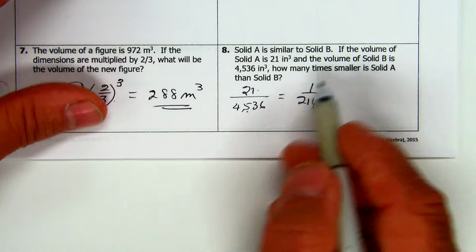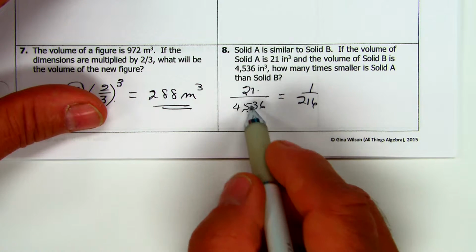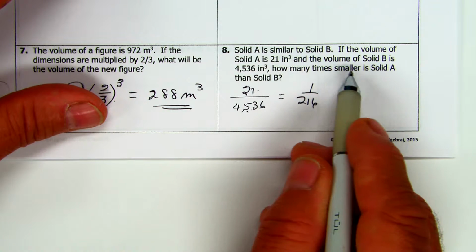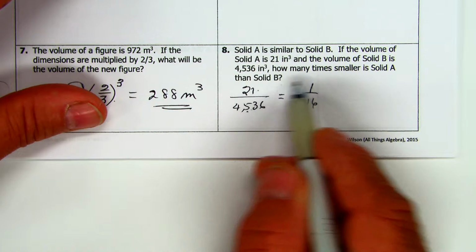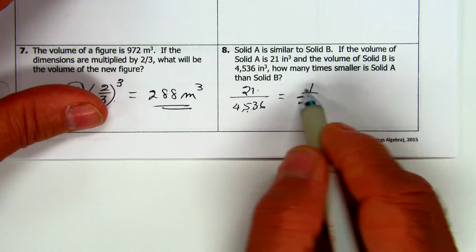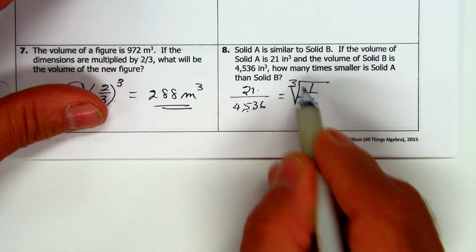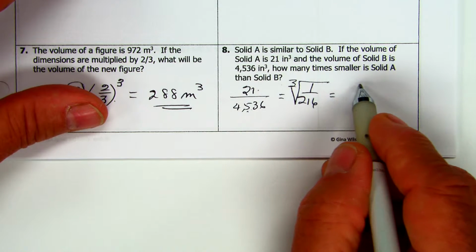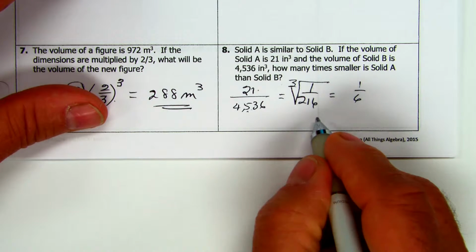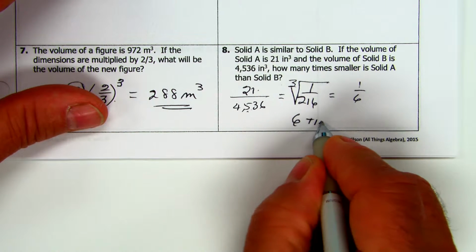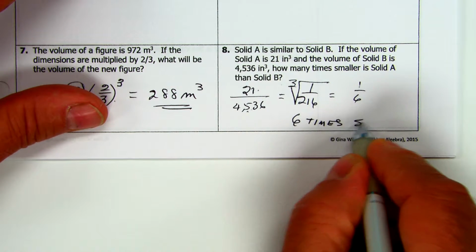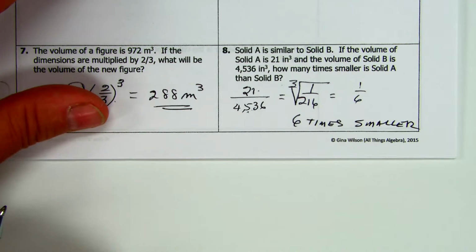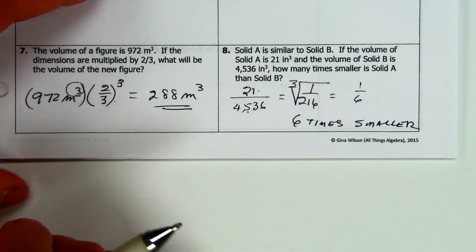Now, this is volume they're talking about, so this is a volume ratio here. The question is, how many times smaller is solid A than solid B? That's a dimension. So we're going to have to take the cube root to go back to dimension here. So what we see is we have 1 over 6. So it's 6 times smaller.